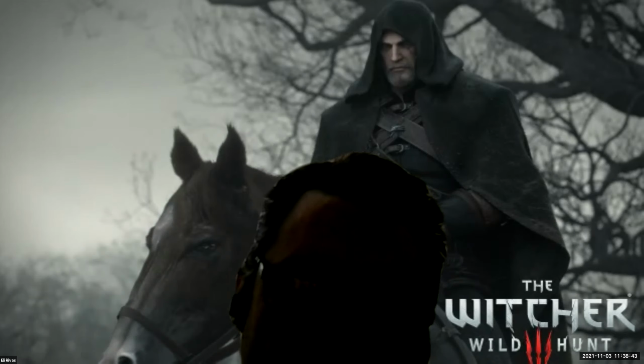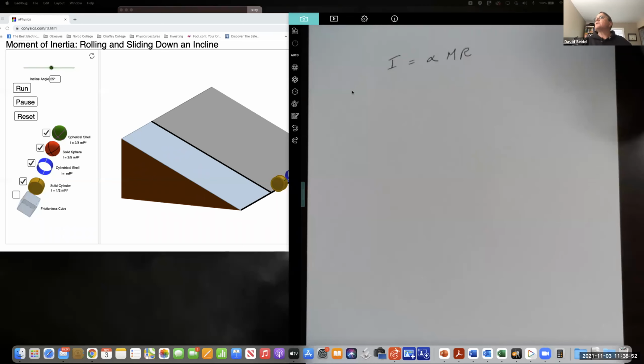If you remember right, for any rolling object, we have the expression I equal to alpha mr squared. Okay, share screen. Yes, thank you. For any object, we had I equals alpha mr squared.